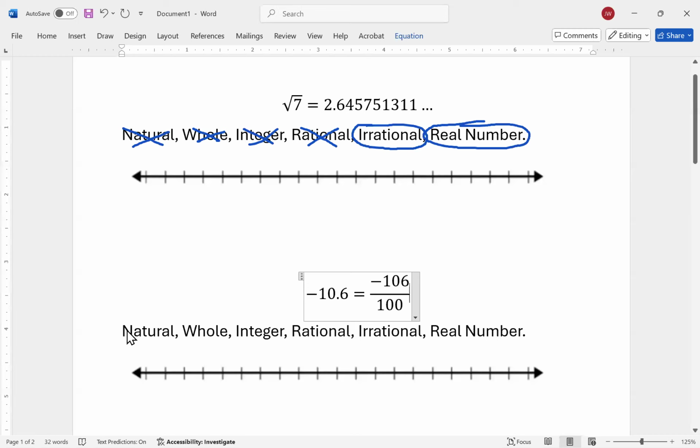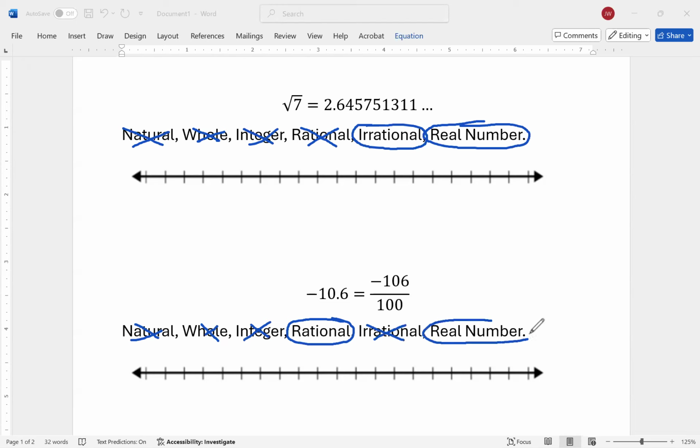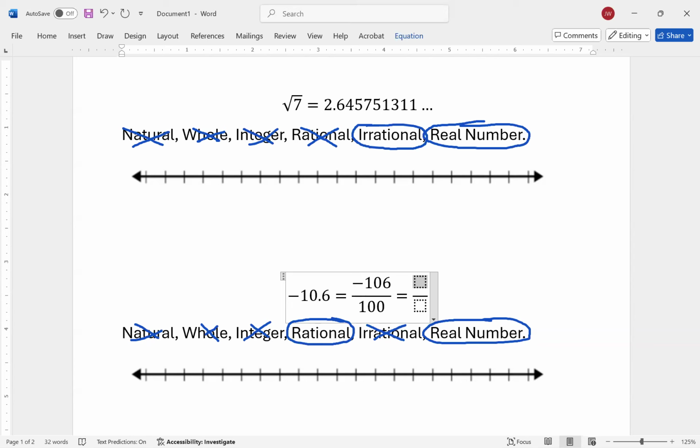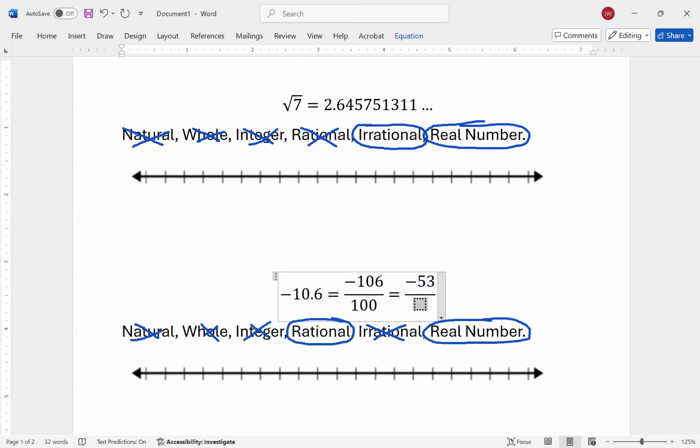Therefore, while it's not natural because it has something after the decimal, it's not whole, it's not an integer, it is rational because it can be written this way. It also can be written other ways as well. That's not the simplest form. So this is a rational number that is also a real number. By the way, again, this can be written in other ways as well, like negative 53 over 50.